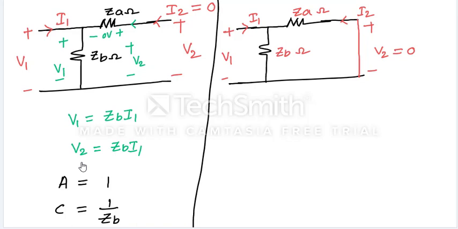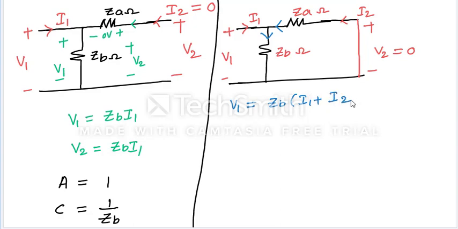Now tell me what we can do here. This current is I1, this current is I2, and then this current is the sum of the two currents, I1 plus I2. So V1, I can say, is ZB into I1 plus I2.